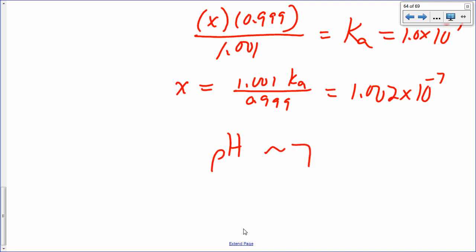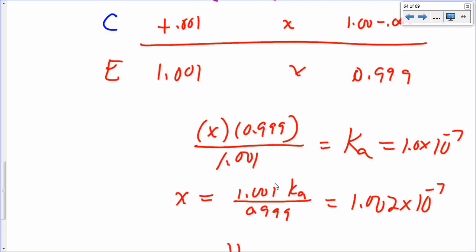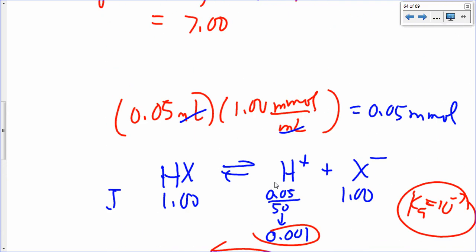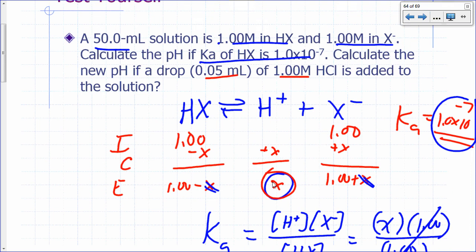This illustrates what's known as a buffer. Anytime you have a mixture that has comparable amounts of a weak acid and its conjugate base, comparable amounts, not trace amounts, okay? That solution tends to have a stable pH.